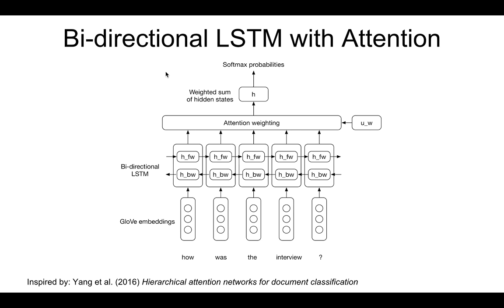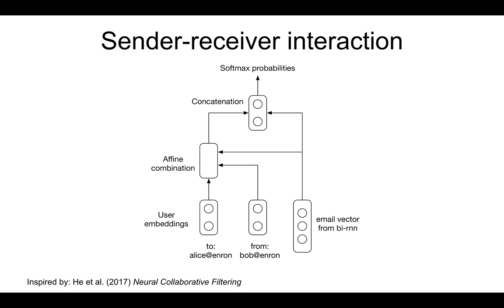The second, more sophisticated one is a bidirectional LSTM, an RNN with 2 directions, so it's 2 RNNs, one going forward, one going backwards, with an attention weighting scheme to weight the hidden states. I'm also considering experimenting with some sort of collaborative filtering sender-receiver interaction term, which would basically use information about the senders and receivers in addition to the email vector from the RNN to make predictions.